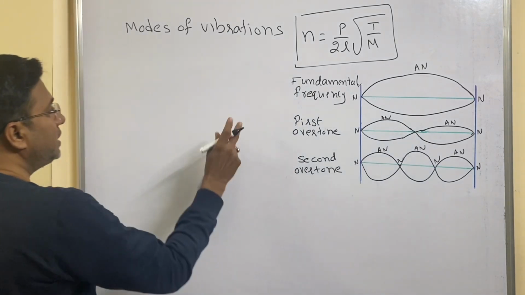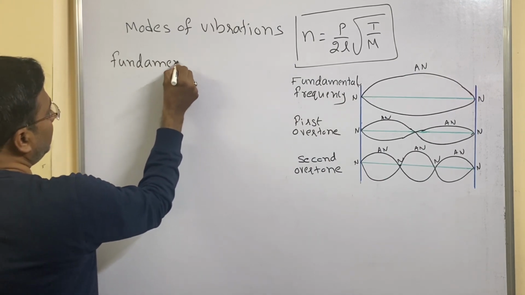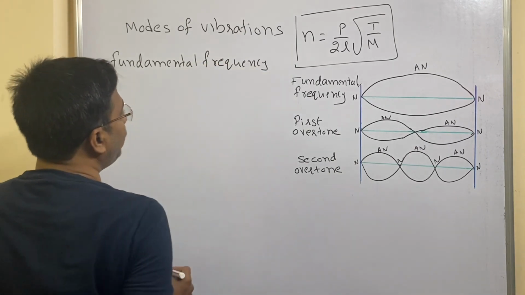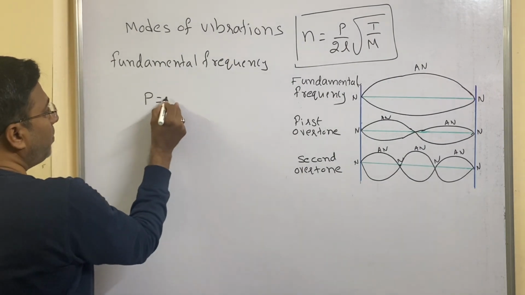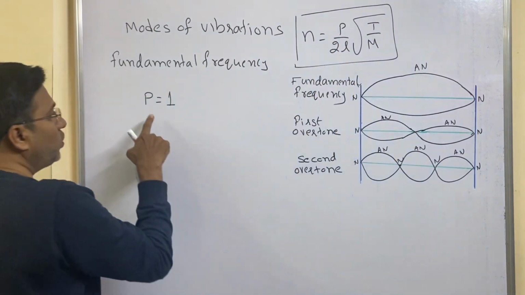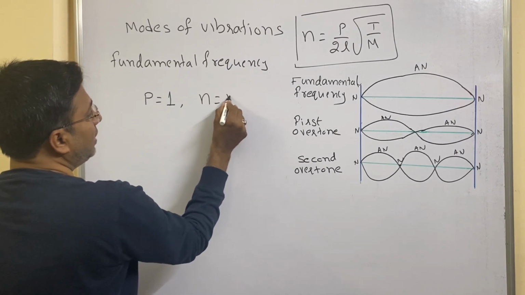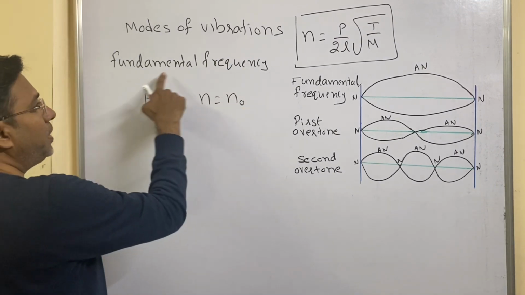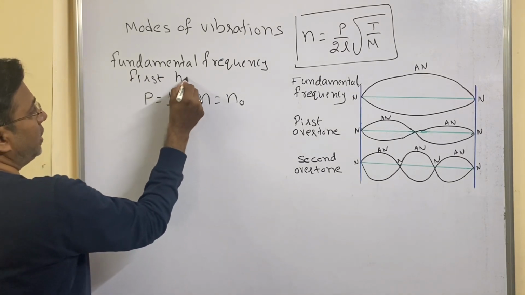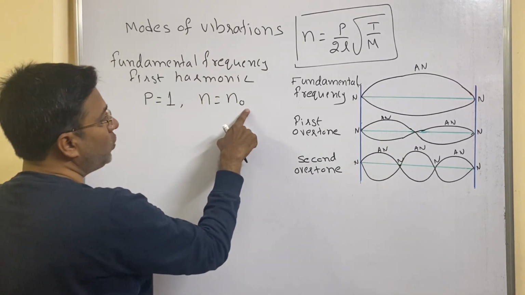Let us see the first part, that is, the fundamental frequency. In the case of fundamental frequency, how many loops are forming? One. So here only one loop is there. P means number of loops, so P is equal to 1. For fundamental frequency, we represent it with the letter n0. Fundamental frequency is also called the first harmonic. So we have P equal to 1, n equal to n0.